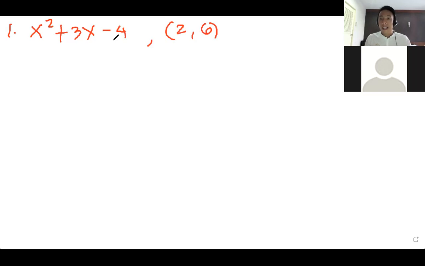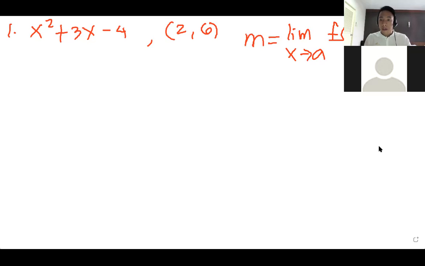The formula in finding the slope of the tangent line is m, for the slope, is equivalent to the limit of x approaching a of a fraction with f of x minus f of a all over x minus a.